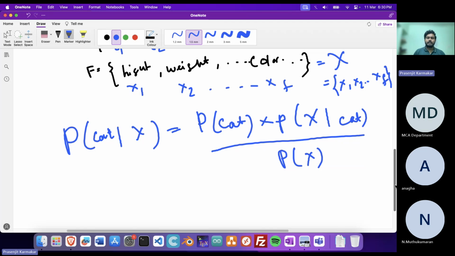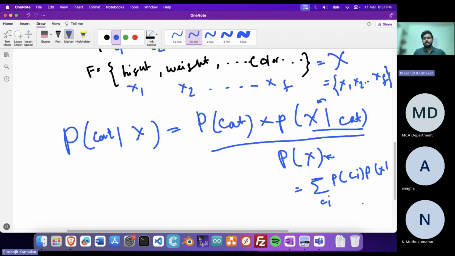This is the naive Bayes theorem. P of X we can anyway compute if I can compute this part. What is P of X? P of X is the summation over Ci of P of Ci times P of X given Ci.